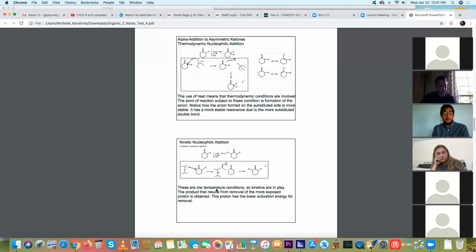So as you can see, the thermodynamic one, it goes a certain way because of the stability we get from a certain intermediate, which is the negative sign here, which forms a double bond that is more substituted. Whereas with the kinetic one, which happens with LDA at minus 78 degrees, that one.